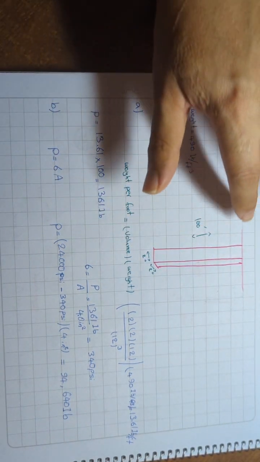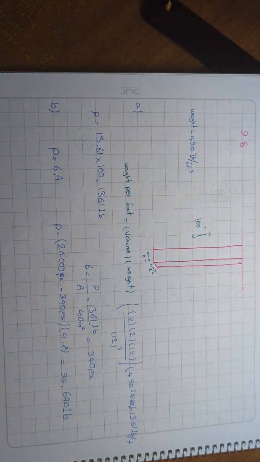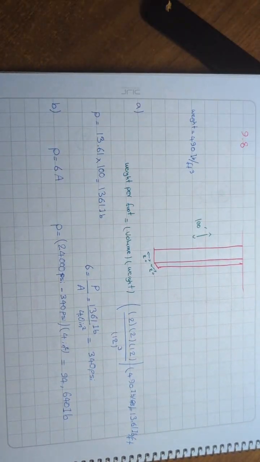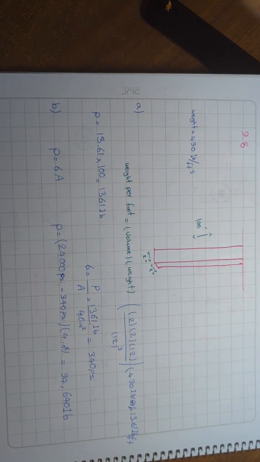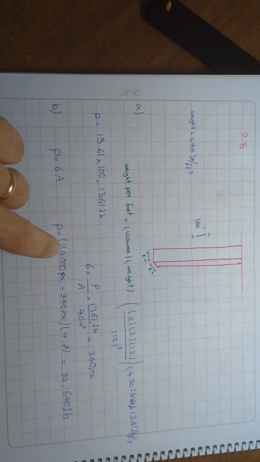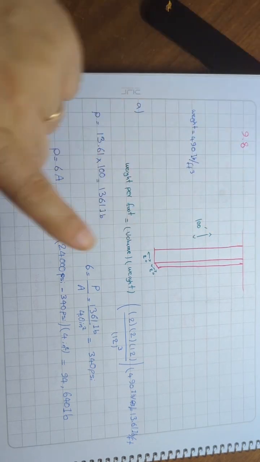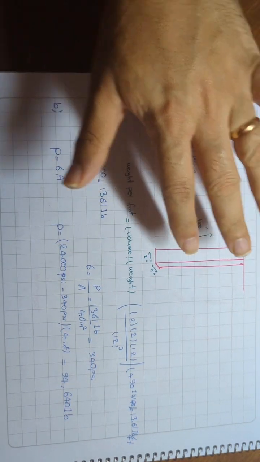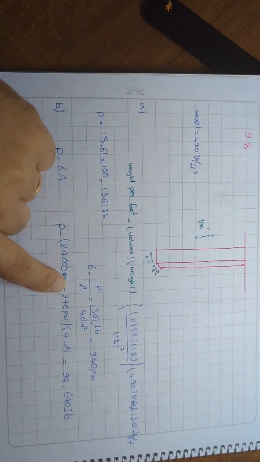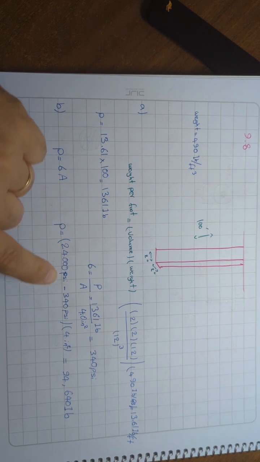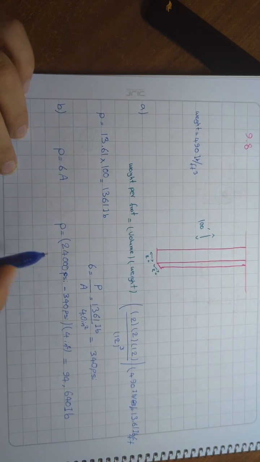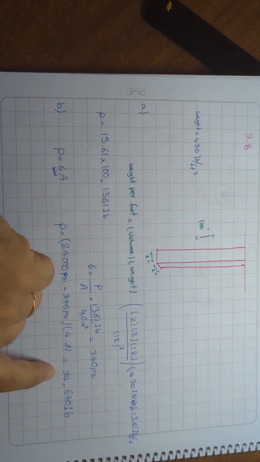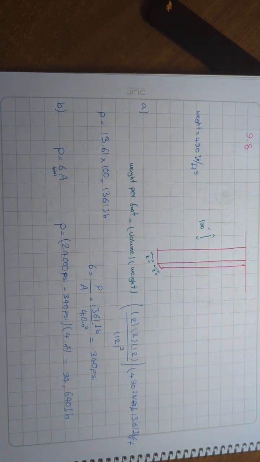If we want to know how much is the maximum load that this bar can endure, and the allowable stress is 24,000, because of the weight of the bar, it already has 340 psi stress on it. Okay, so we have to subtract this number out of this number, which is going to be our total sigma. So the final answer is 94,640 pounds.